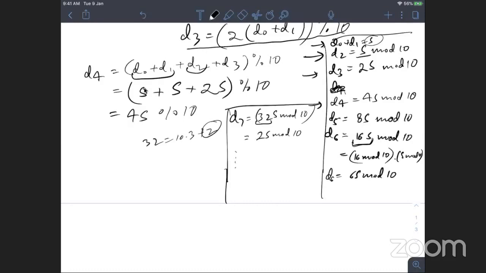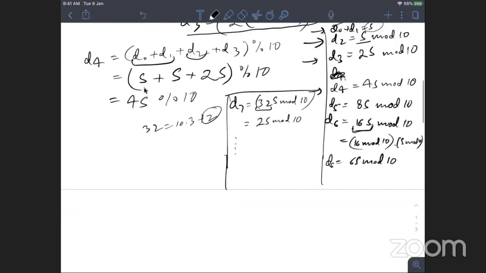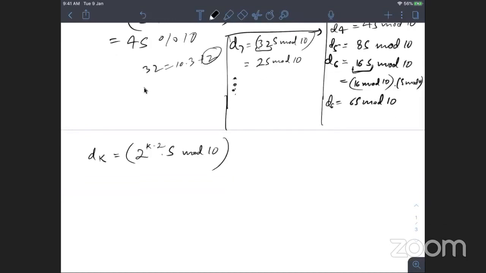And so on. Now the pattern here that comes out is that generically speaking, Dk will be equal to something of the sort 2 to the k minus 2 times S mod 10. If you just try to work this out for further values, you'll get this pattern that Dk is always equal to 2 to the power k minus 2 times S mod 10.